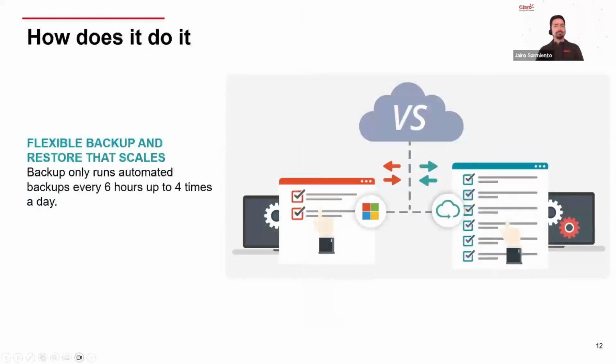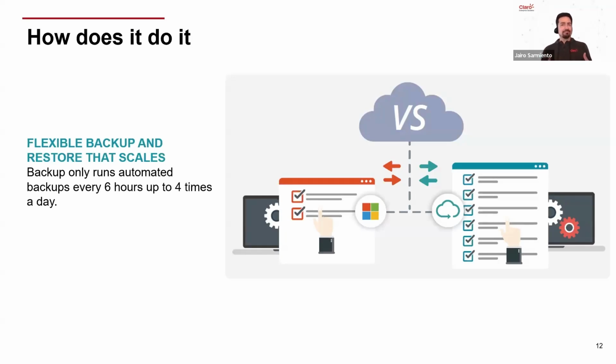Also, how do we do it? The difference with having just M365 is that they have their own kind of backup solution that is included, like I said, with its limitations, but it's included.